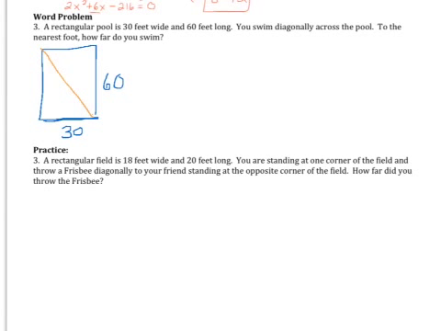So if you notice, when we swam diagonally across the pool, it's like we turned this pool into two triangles. Here's one triangle, and we have the blue triangle. This triangle is a right triangle because we have a 90-degree angle right here.